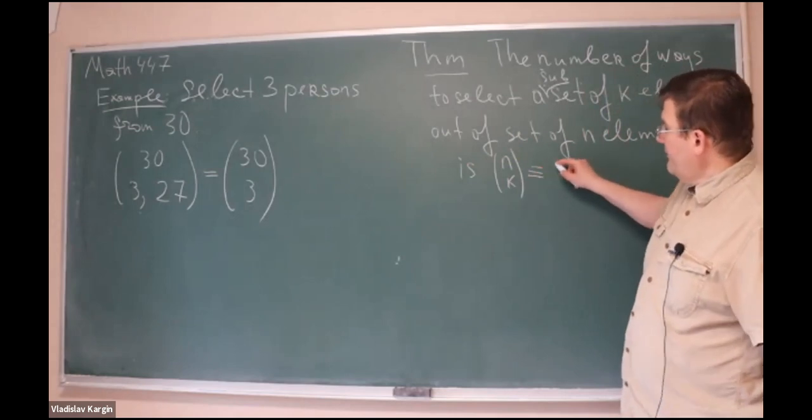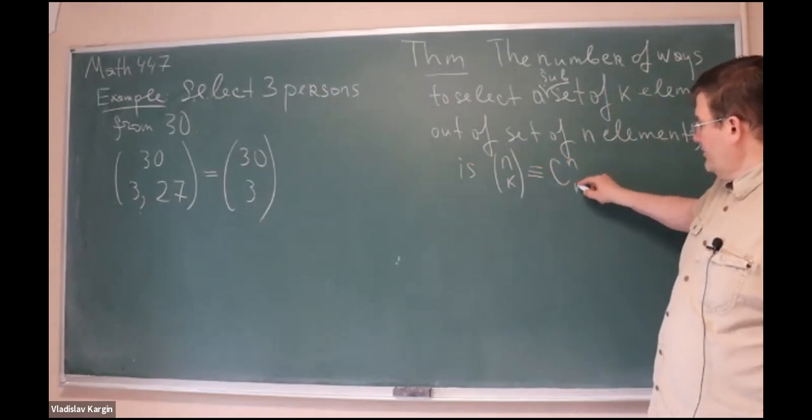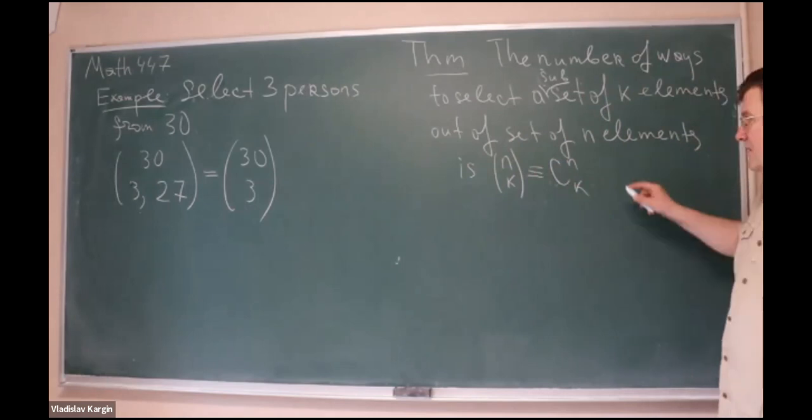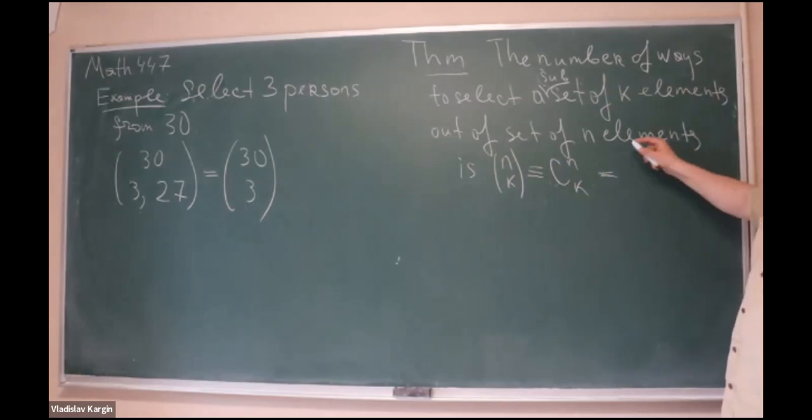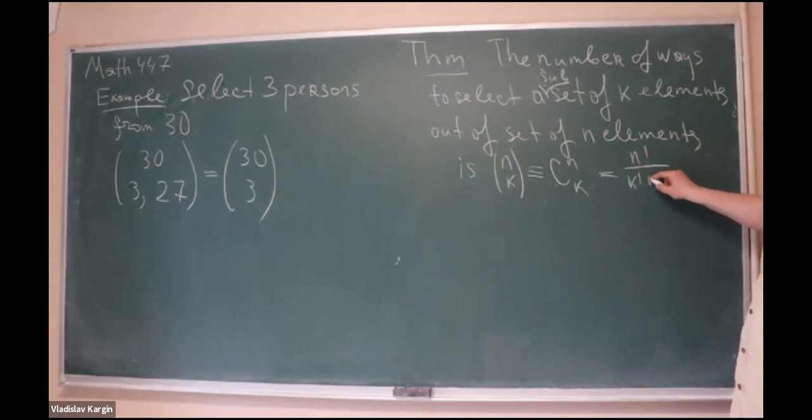And this is the same thing as C(n, k), so just different notation. Right? And the same thing as n factorial divided by k factorial divided by (n minus k) factorial.